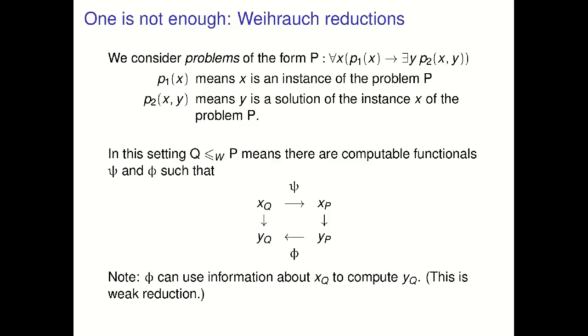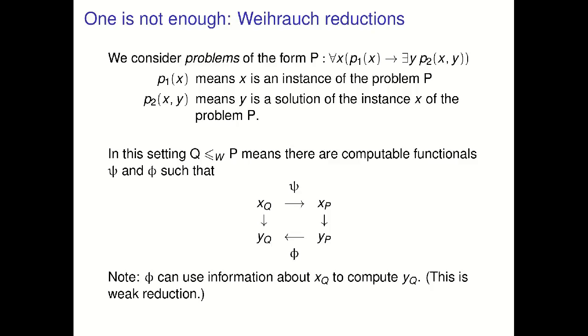So the reason why we're interested in looking at problems is because then we can look at Weihrauch reducibility. And this is an idea from computability theory. So we say that a problem Q is reducible to a problem P, essentially if there's a couple of functionals here, right, that make this diagram work this way. The diagram's not terribly expressive, so let me tell you what's going on.